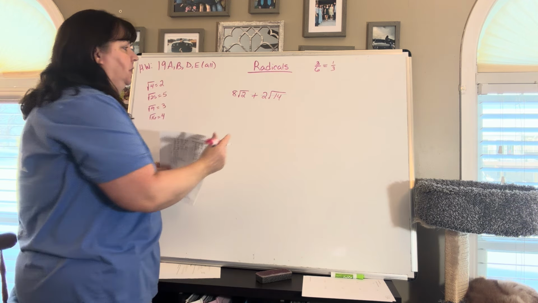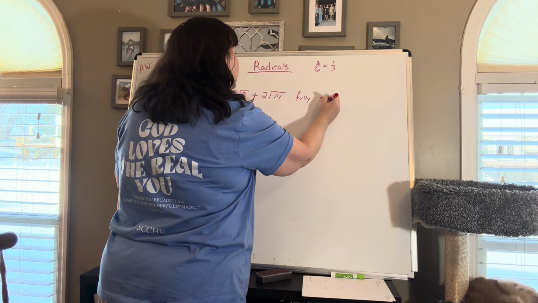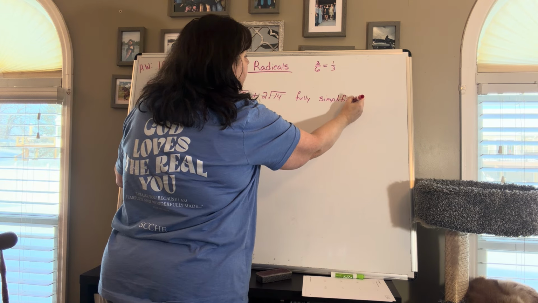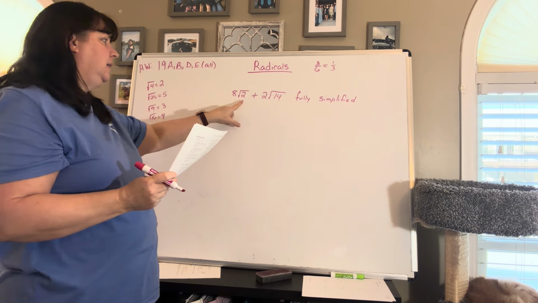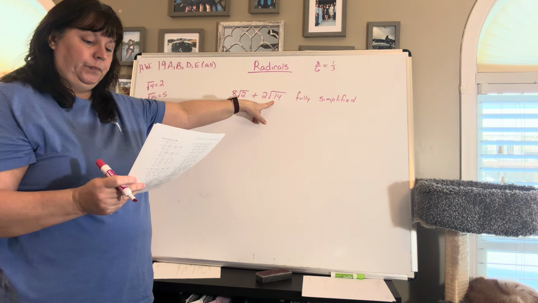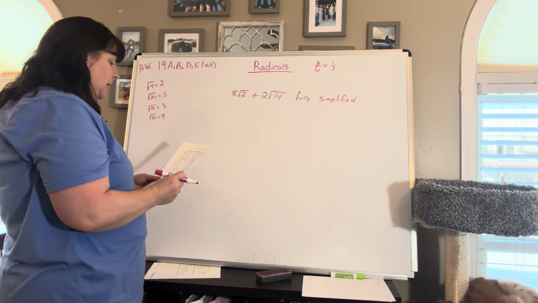This is fully simplified. So if you come across any like this in your homework, you can just say fully simplified, all right? Because we can't combine these because we don't have a common radical. Okay, I wanted to show you that.